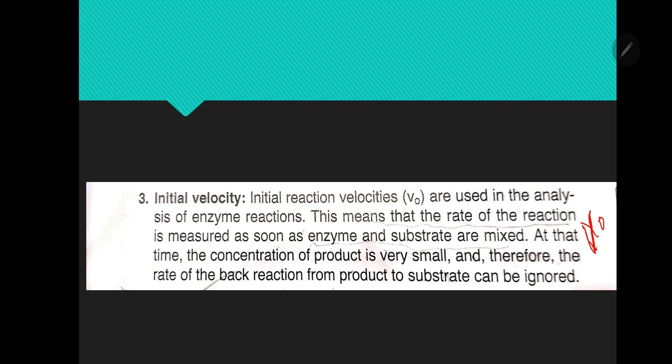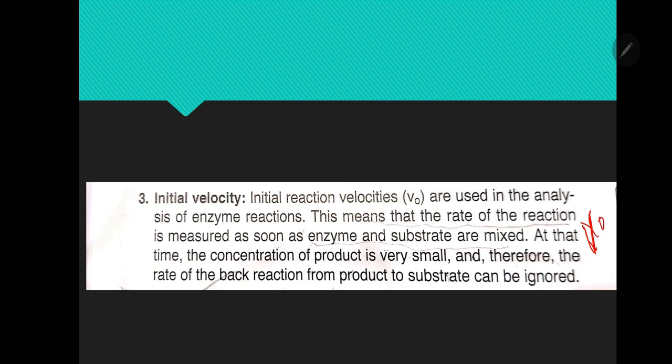Whereas when enzyme and substrate come into action, the initial velocity V0 is small, and the enzyme plus product is formed, and this reaction is irreversible because the amount of product formed is very small, so we cannot think of going back. So that is the initial velocity.